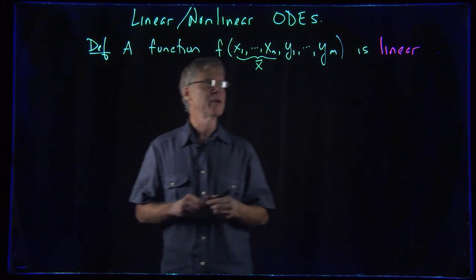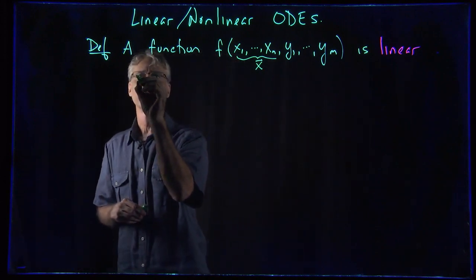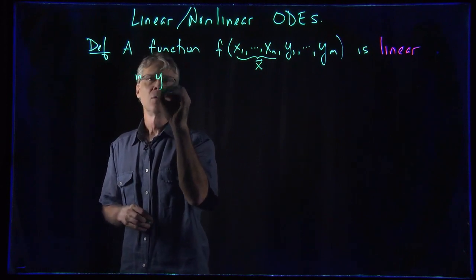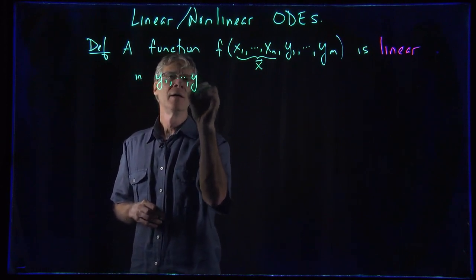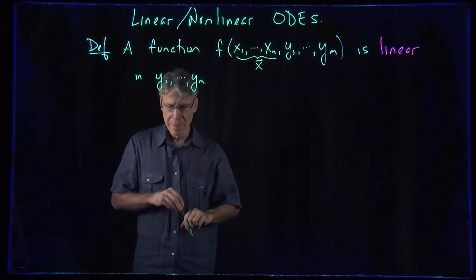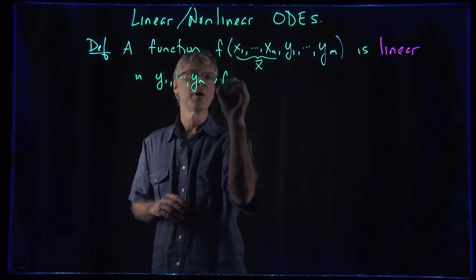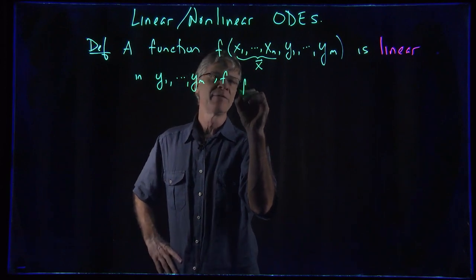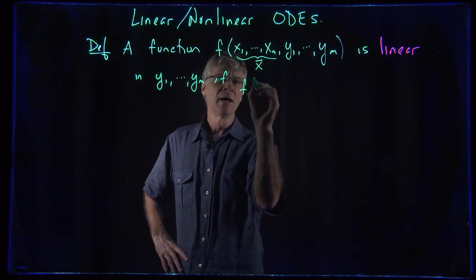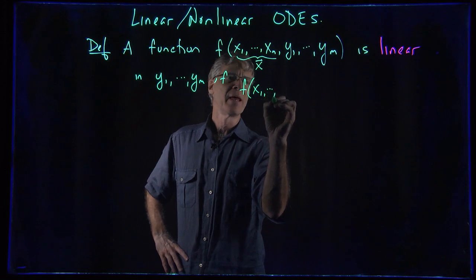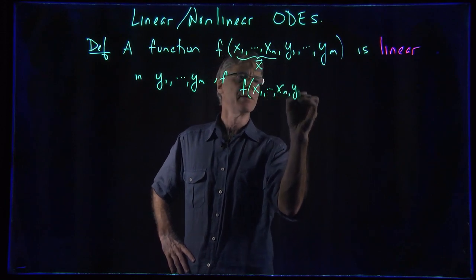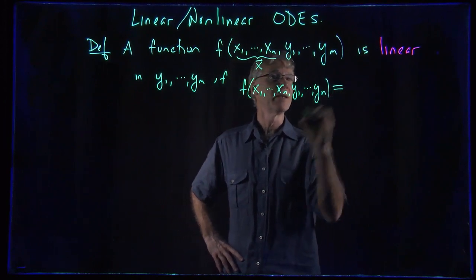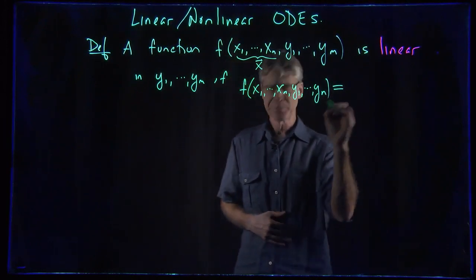And it has to be linear in something. So this is going to be linear in the variables y1 up to ym if it has a certain form. And that certain form is the following. F of x1 up to xn, y1 up to ym can be written in the following way.